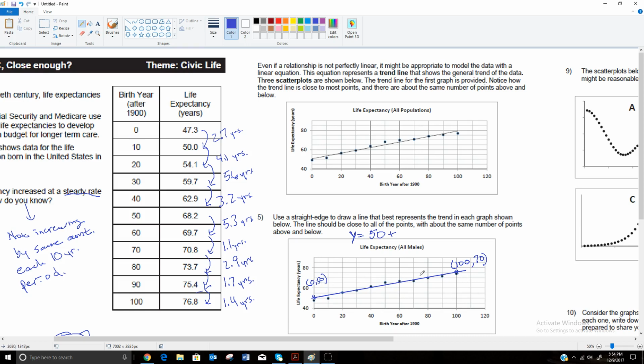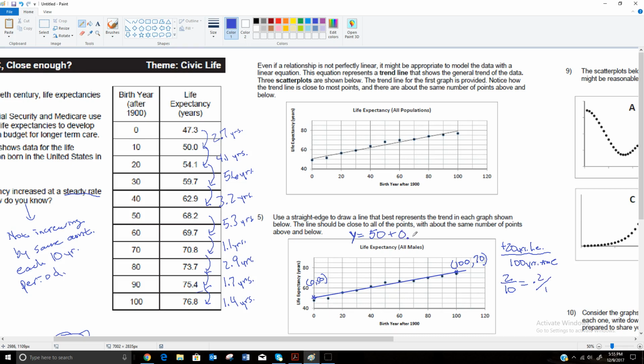So what's the slope there? If I went up by 20 years in life expectancy over 100 years in time, then that means I went up by 2 every 10 years, or 0.2 every 1 year. So my slope is 0.2.